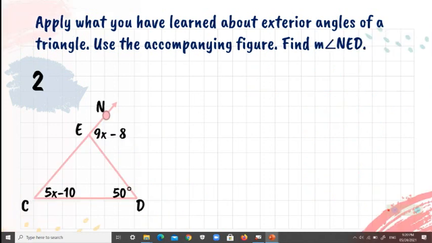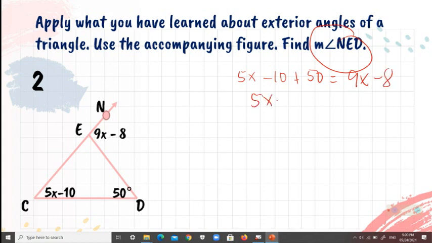Okay, next, number 2. Find the measure of angle MED. Okay, so of course you're going to solve first for the unknown variable. So you will have 5x minus 10 plus 50 equals 9x minus 8. Okay, so you will have your 5x minus 9x equals negative 8 plus 10 minus 40.